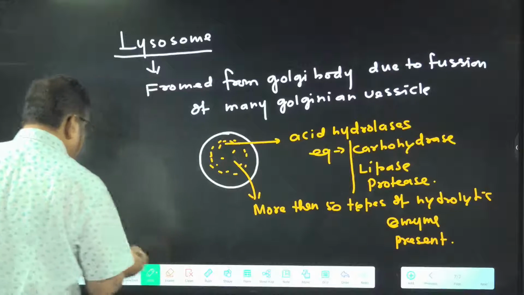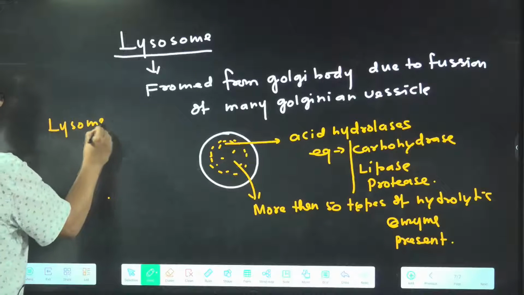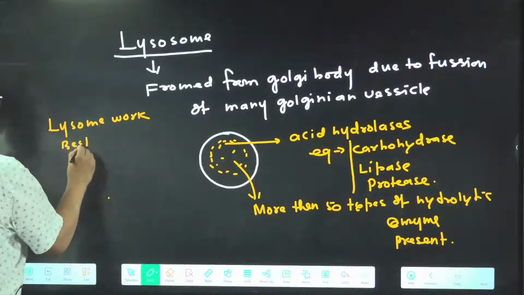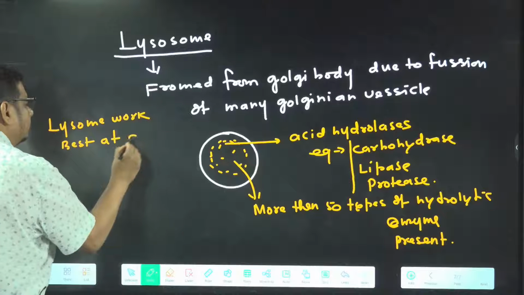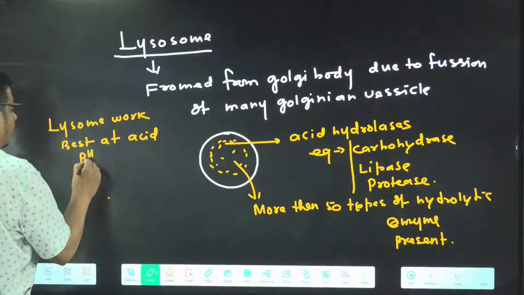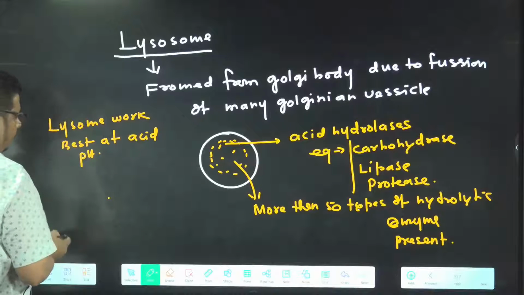Able to understand. So if you talk about lysosome, it works best at acidic pH, because here the enzyme is what? Acid hydrolases. So it works best at acidic pH.